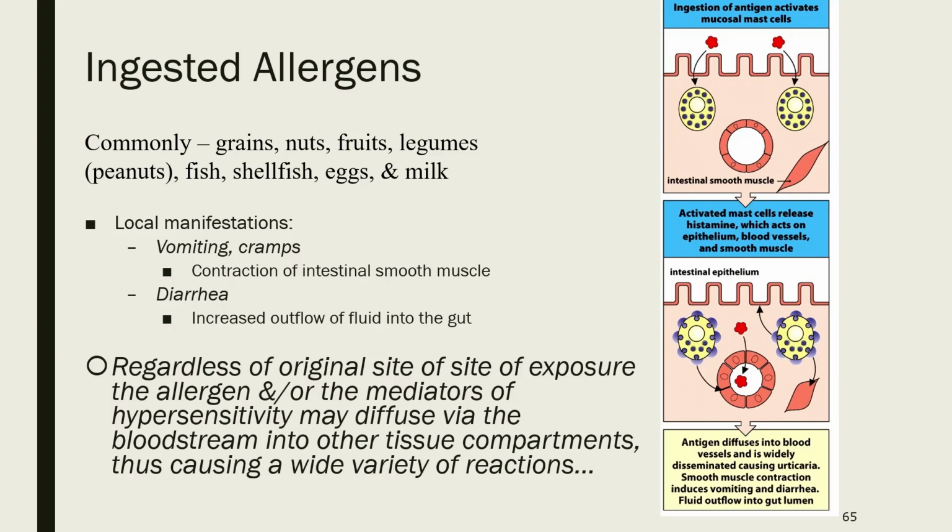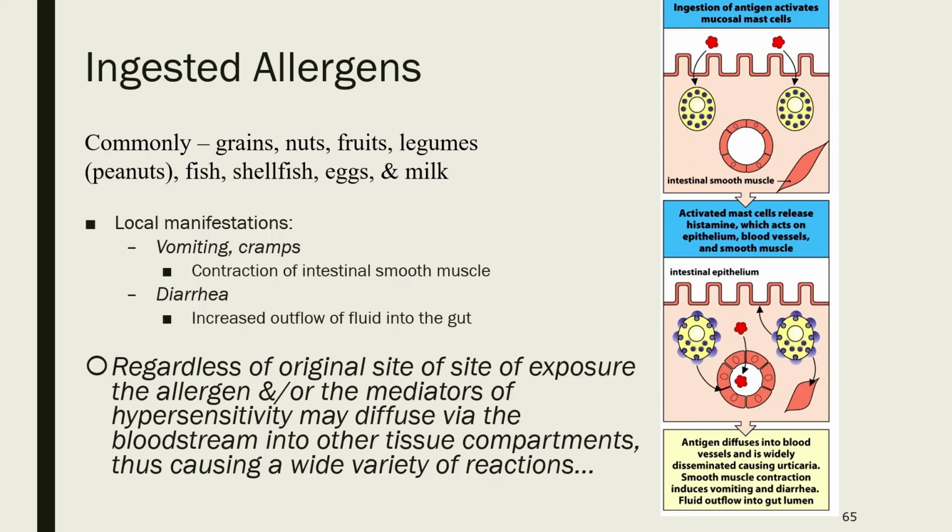So ingested allergens, okay, we're talking about it could be many things. I feel like these days food allergies seem to be a real thing. Nuts, fruit, peanuts, fish, shellfish, egg, and milk, just about all the common things.